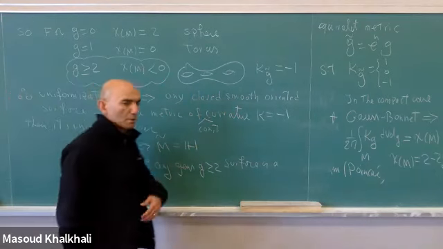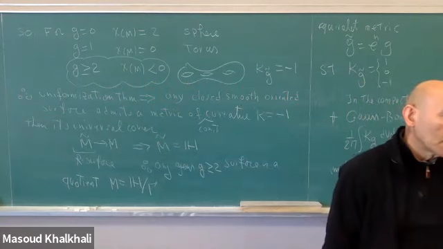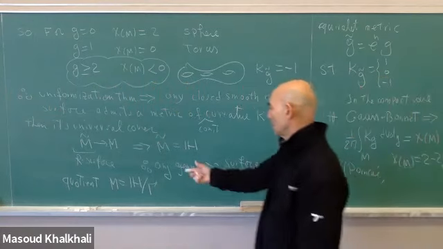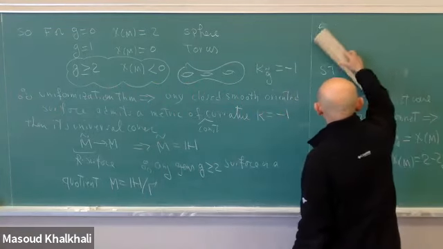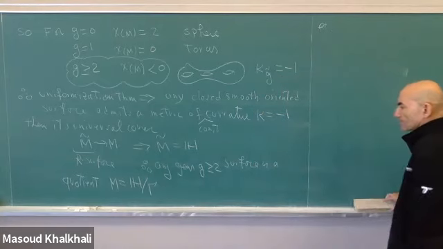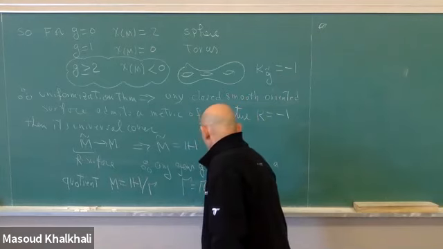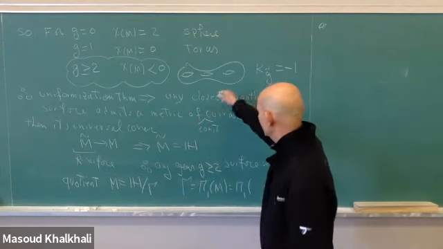So what is gamma now? Well, this gamma, of course, is the fundamental group of the surface. That's why we know in general this has to be the fundamental group. So this gamma equals pi 1 of M, which is pi 1 of the surface of genus g.